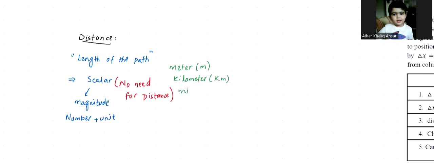But please keep in your mind, whenever we are talking about distance in physics or in science, we can use only the meter as an SI unit. An SI unit is a unit that we recognize as universally known, one particular unit.